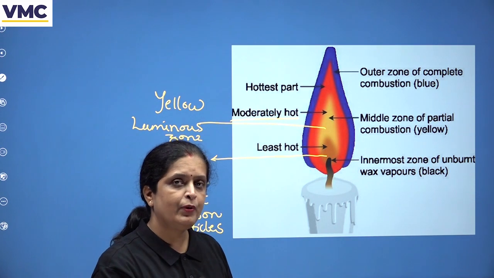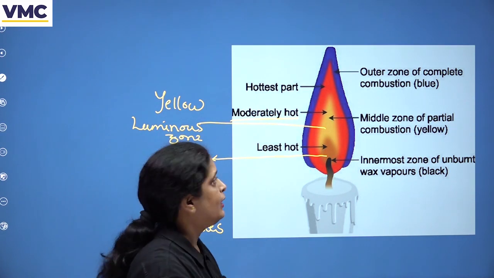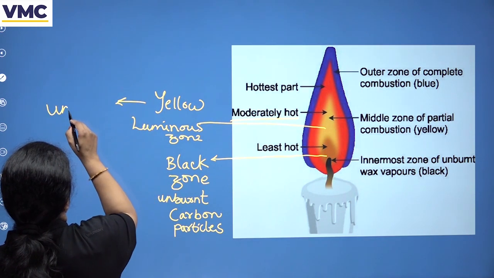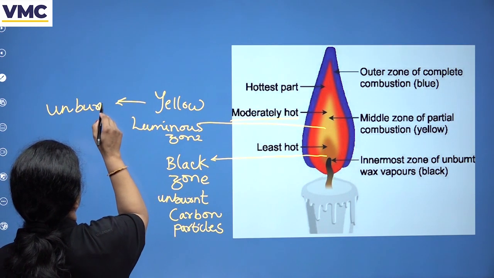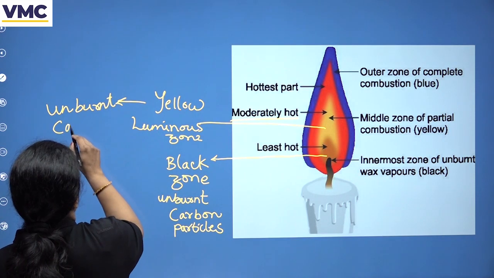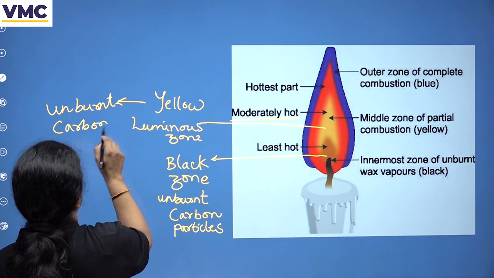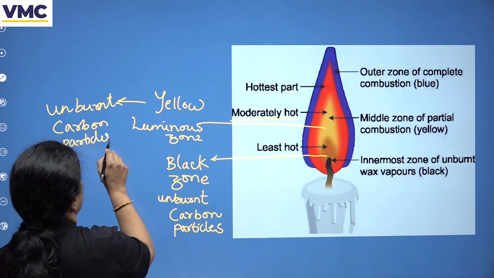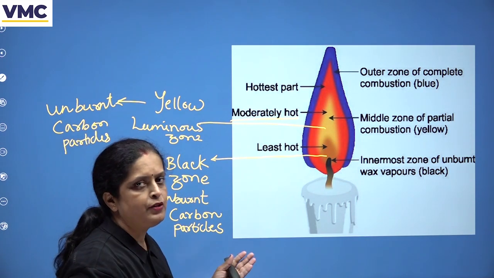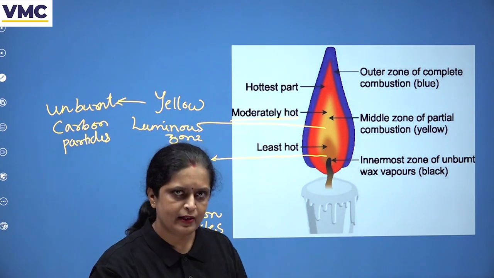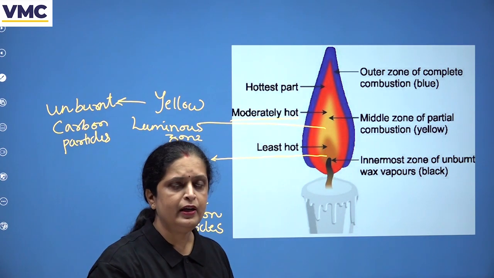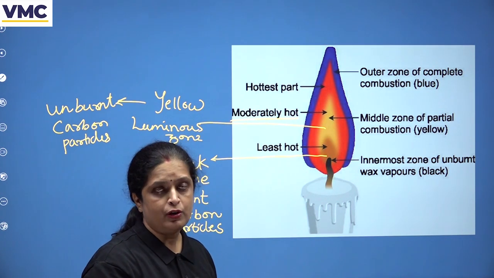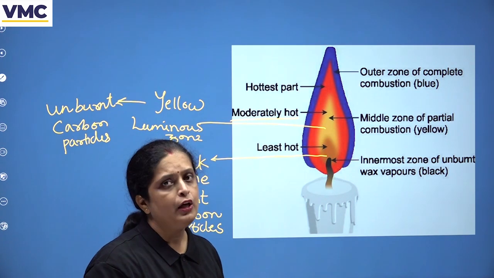No, in this zone also there are unburnt carbon particles. हाँ, मतलब डार्क जोन या ब्लैक जोन से ज़्यादा कार्बन यूटिलाइज हो रहा है, but still there is a lot of carbon particles. If they get oxygen, they will be completely burnt.